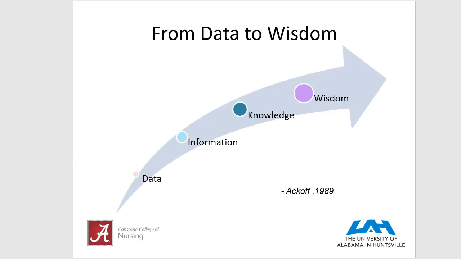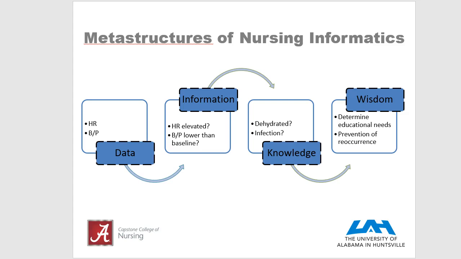We've talked again a number of times about data to wisdom and what that means. And just to again remind you the differences here. Data would be just raw data related to perhaps a heart rate, a blood pressure, or temperature. And then when we consider information, we think about, is this data elevated? Is it telling us that the heart rate is elevated or the blood pressure is lower than the baseline?